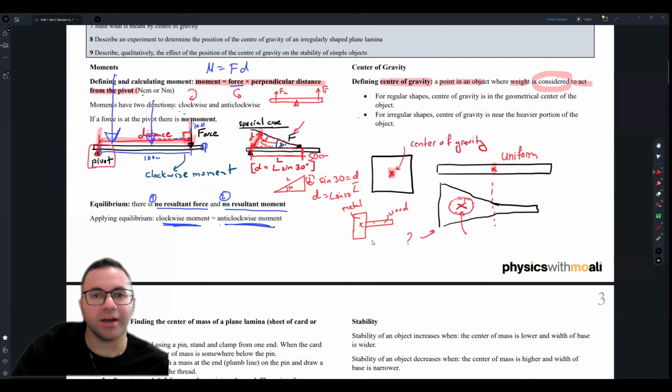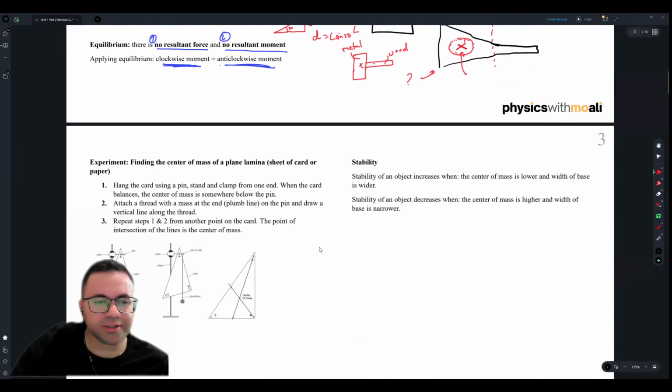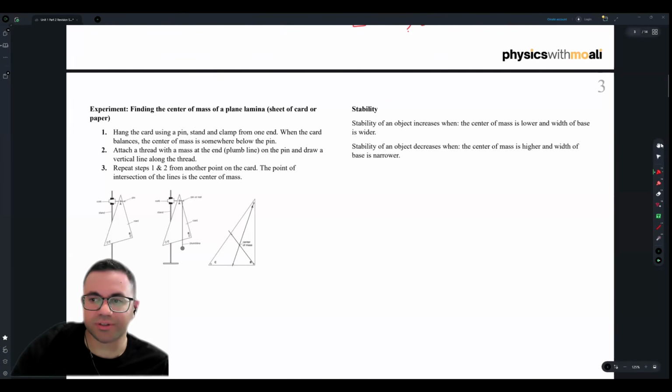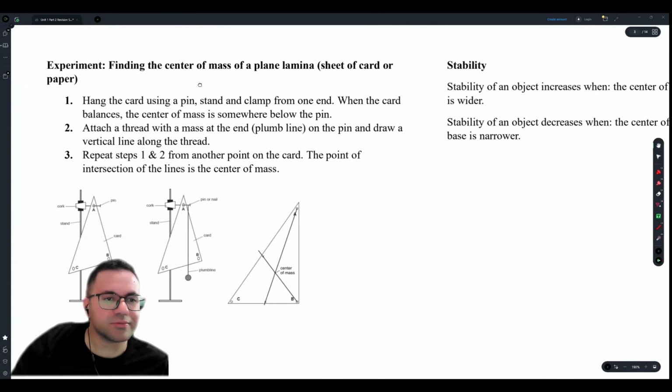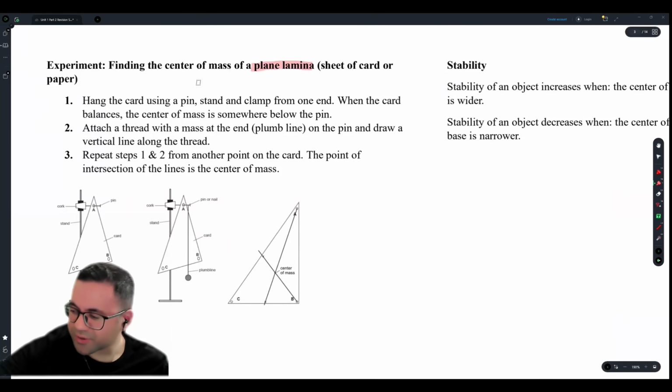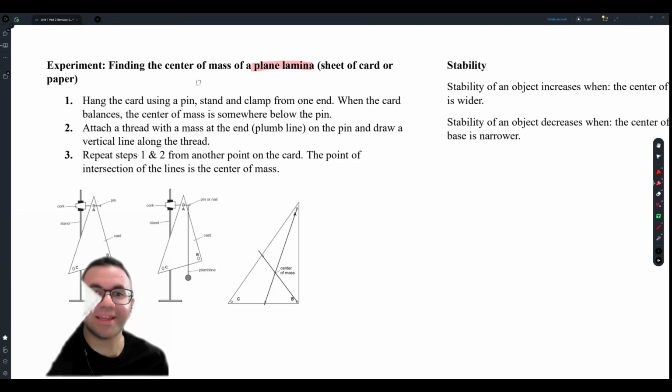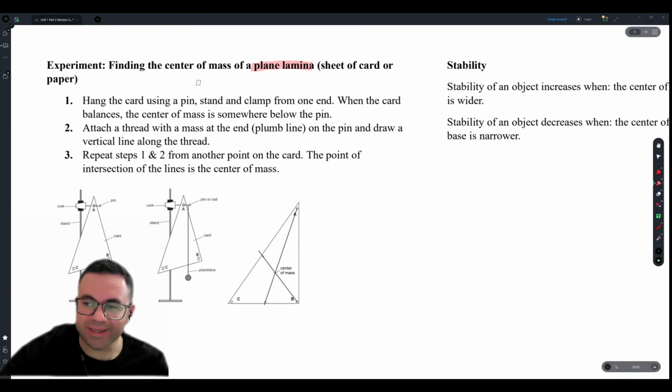Easy peasy. How do I find the center of mass of an object? If it's a regular shape, it's in the center. If it's irregular, it's near the heavier side. But sometimes you'll be asked to find the center of mass of what we call a plane lamina, like a piece of paper. The word plane doesn't mean an airplane.